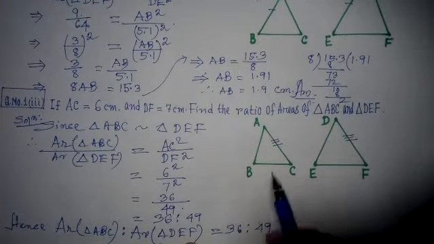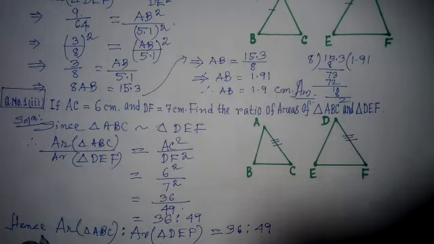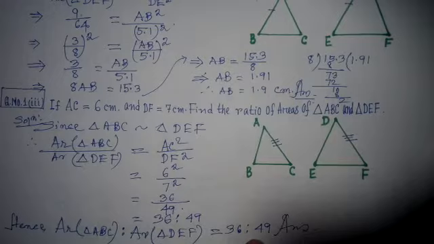The question asked, find the ratio of areas of triangle ABC and triangle DEF. So hence the ratio of area of triangle ABC to area of triangle DEF is equal to 36 is to 49. That is the answer of the sum.